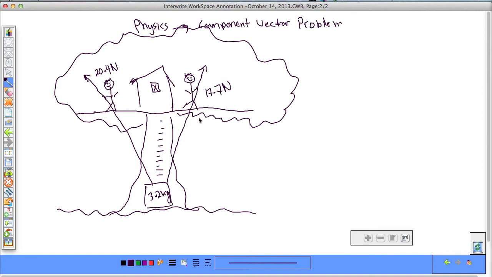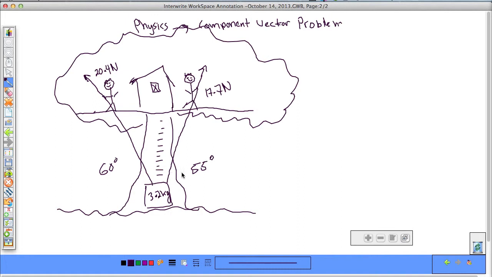Let's say that the angle that Jacob is pulling up off the ground is 55 degrees, and Enoch is at 60 degrees from the ground.